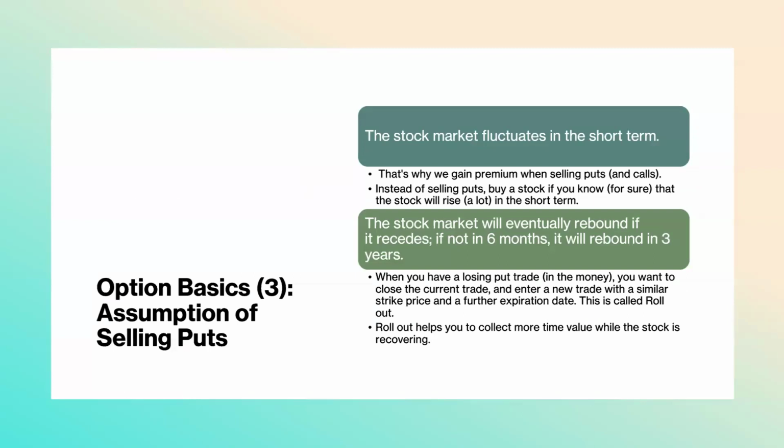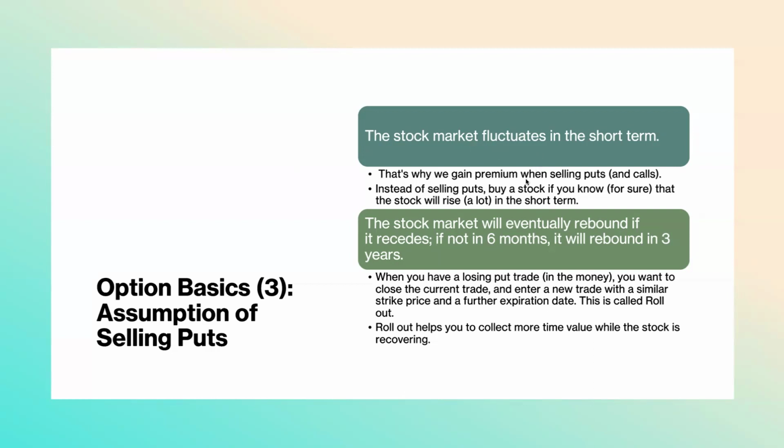Since I mentioned the expected ARR last slide, let me lay out my assumptions for such an expectation. I have 2 assumptions. One is the stock market fluctuates in the short term. This is the reason we gain premium when we sell puts and calls.